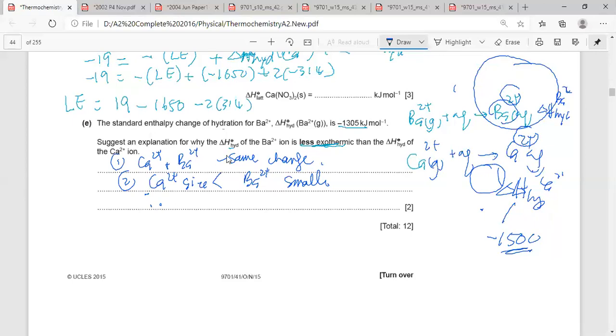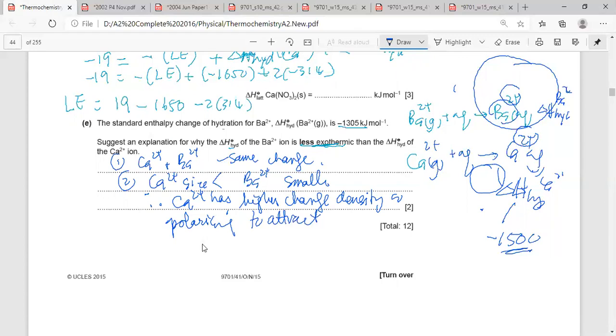Of course, calcium. So calcium 2 plus has higher charge density, or polarizing power, to attract more water, forming more bonds, therefore giving out more heat.